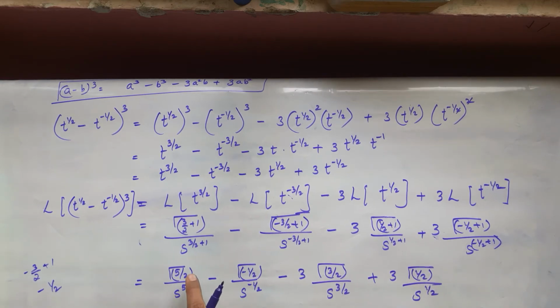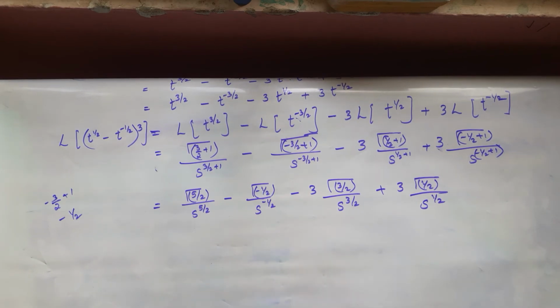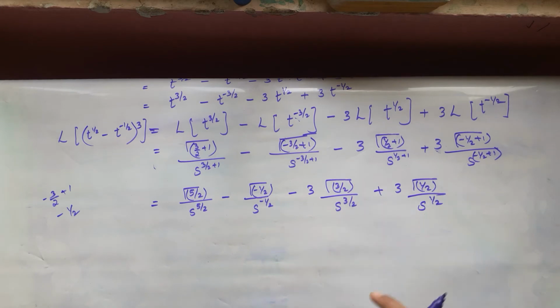Now we need to work out these individual terms: gamma of 5 by 2, gamma of minus half, gamma of 3 by 2 and gamma of half.